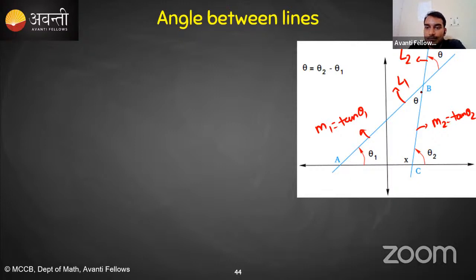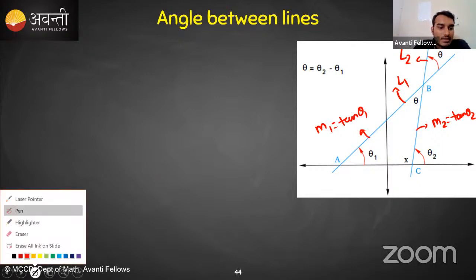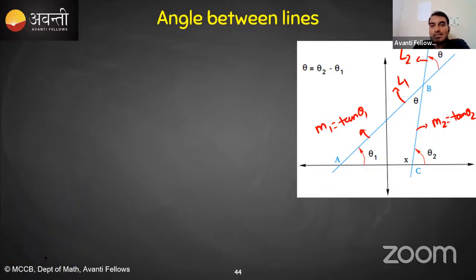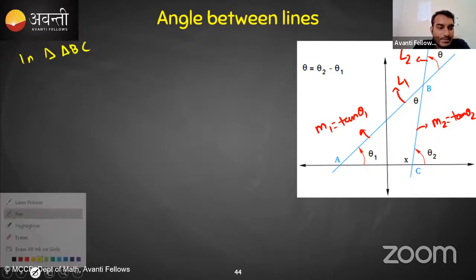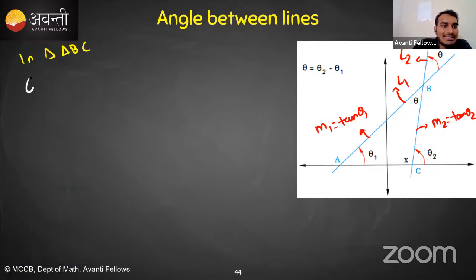Now you know that the sum of the interior angles is equal to the exterior angle, right? So in triangle ABC, what is theta 2?